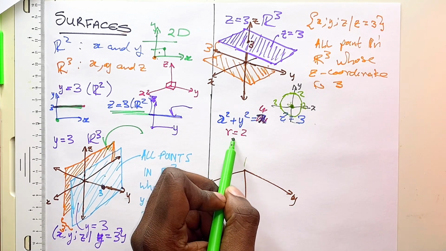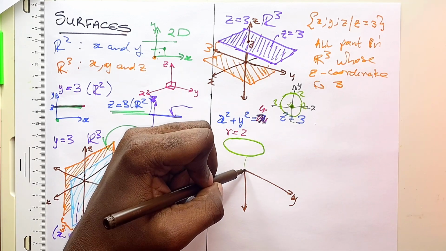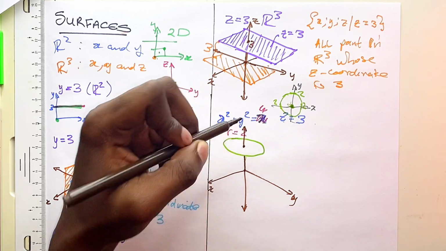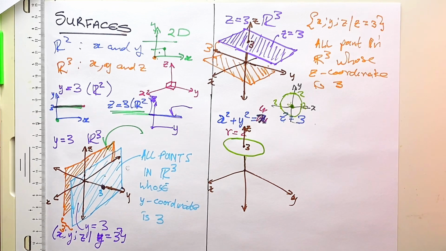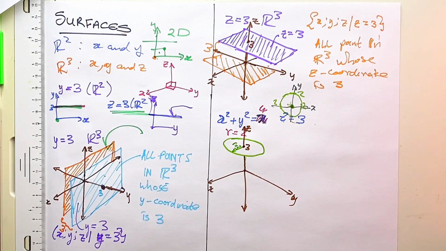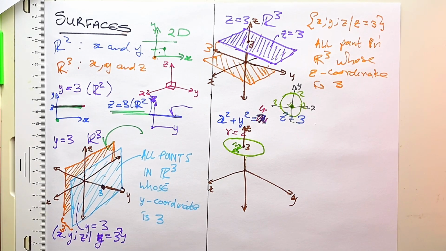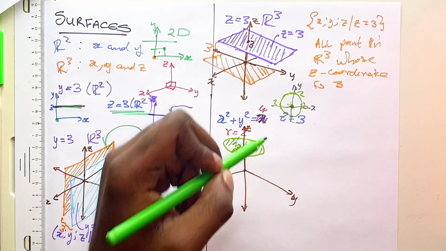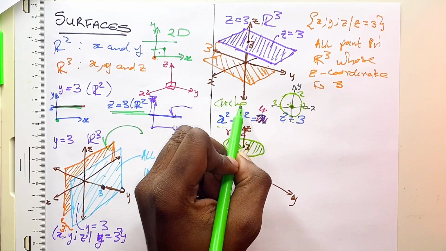So it will roam around somewhere like this. So I bring out my axis now, and then it will come out of here like this, and then my z will be equal to 3 at that point. And now you have a circle with a radius of 2. So it represents a surface where z is equal to 3, and that surface is a circle.